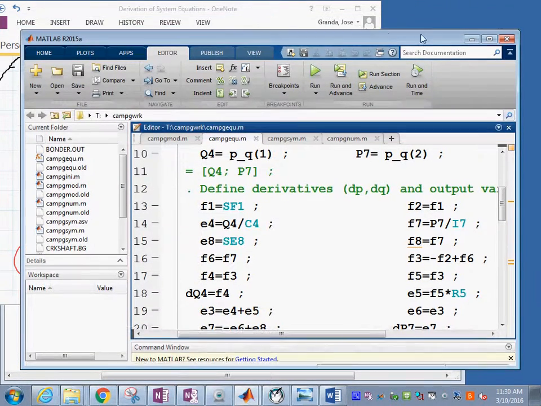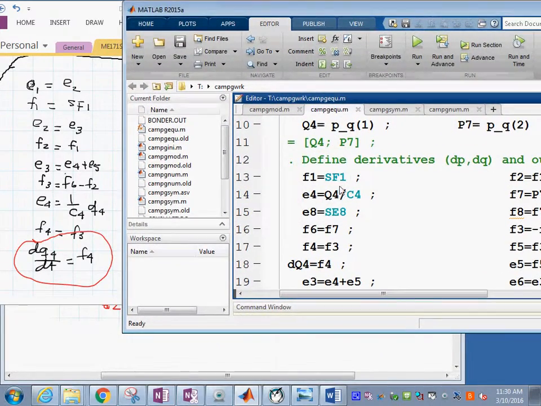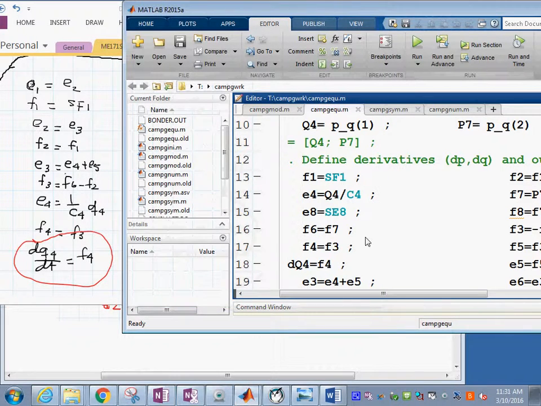There's a little difference. We went through just numbering 1, 2, 3, 4, just for convenience, so you could order any number. CAMPG does one more step. It looks at what equations need to be defined first, what variables need to be defined first, and organizes it that way. So it has a logical sort logic inside CAMPG as an intelligent feature of the program that tells MATLAB how to compute, but organizes the equations in such a way that MATLAB would have no problem computing this.